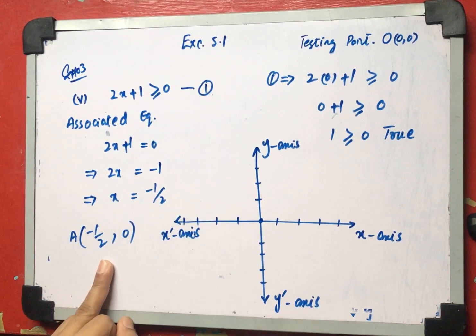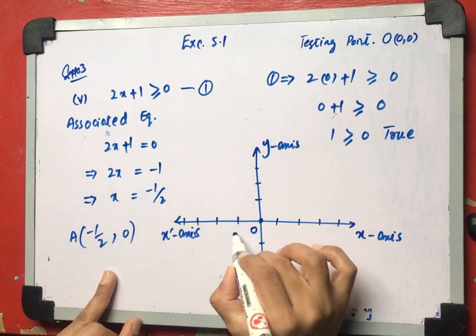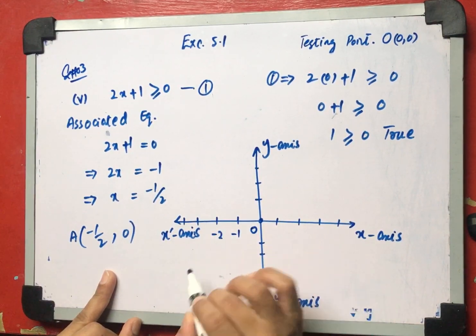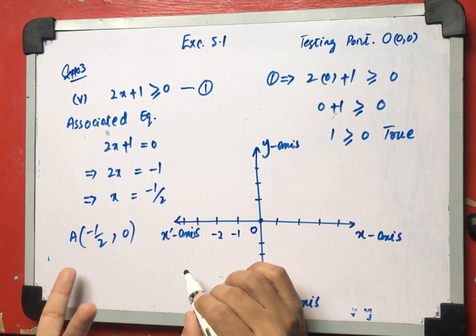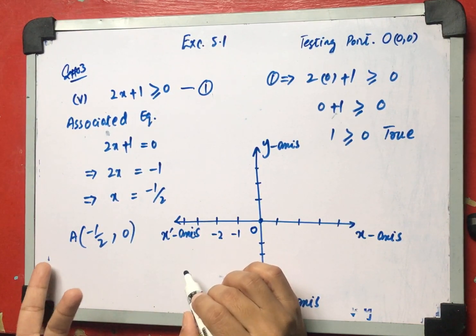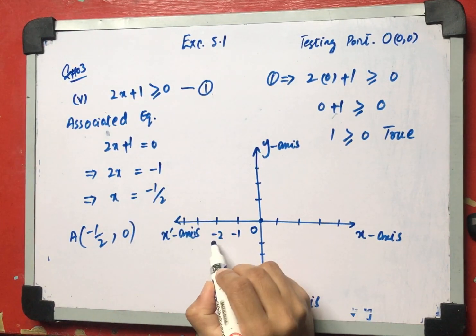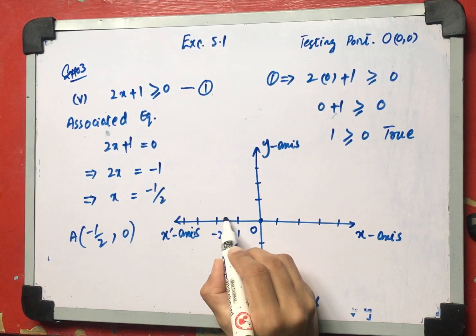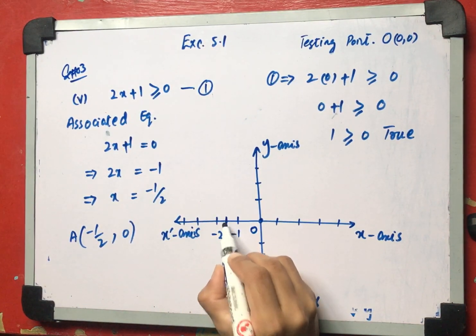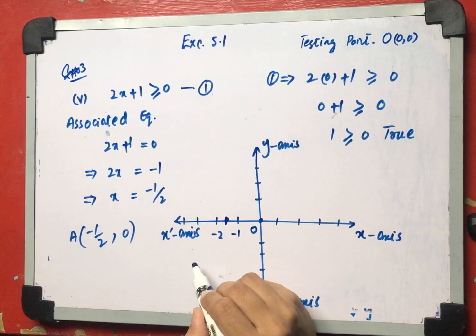We have the x coordinate, that is -1/2. Here this is 0, this is -1, this is -2, then -1/2 is equal to -0.5. Okay, so it is in between 0 and -1. So this would be our required point, that is -1/2.